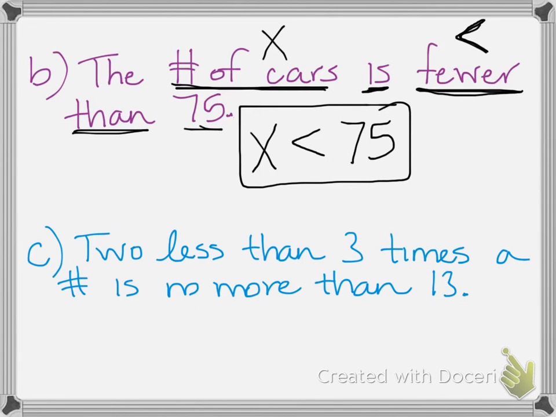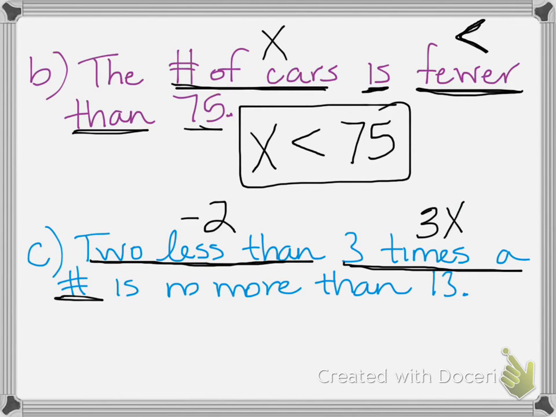Okay, the next one says 2 less than 3 times a number is no more than 13. All right, let's take our time. 2 less than means you're going to be subtracting 2 from something, so you're subtracting 2 at the end. 3 times a number. Do we know what the number is? No. So it's 3 times our variable.